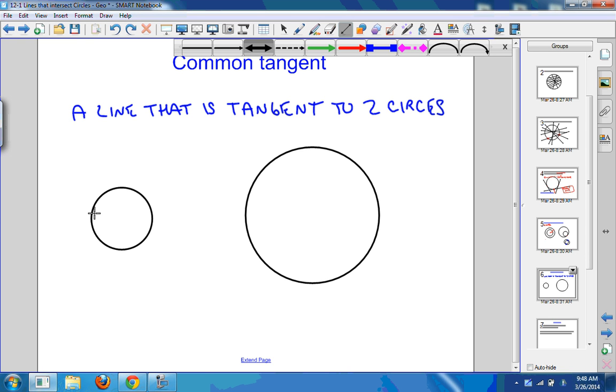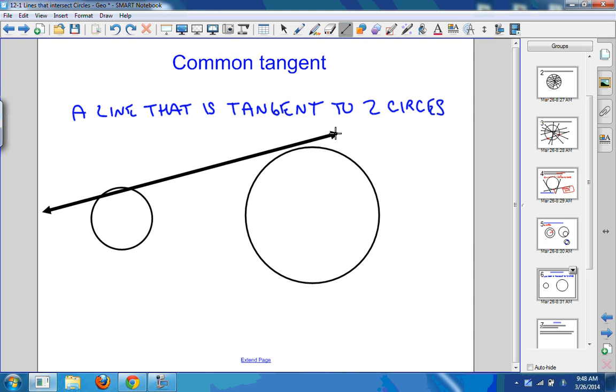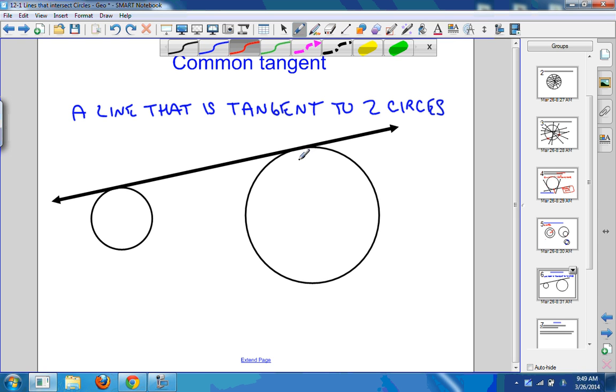We have a line. It's going to go something like, move it around a little bit. So we have a line. That's better. That is tangent to two circles. It's called a common tangent. So a common tangent is tangent to two circles.